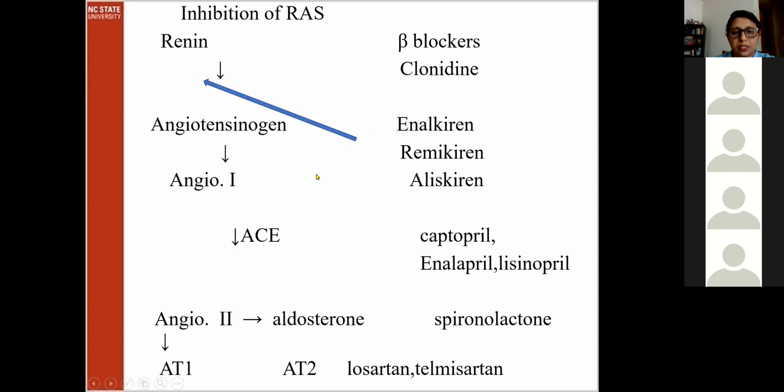Angiotensin 1 to 2 conversion is by angiotensin converting enzyme, so there are drugs like ACE inhibitors such as captopril, enalapril, lisinopril, etc. Angiotensin 2 increases the release of aldosterone, so aldosterone inhibitors like spironolactone are used. Angiotensin 2 acts on AT1 receptors, not AT2, so angiotensin receptor blockers like losartan and telmisartan are used.